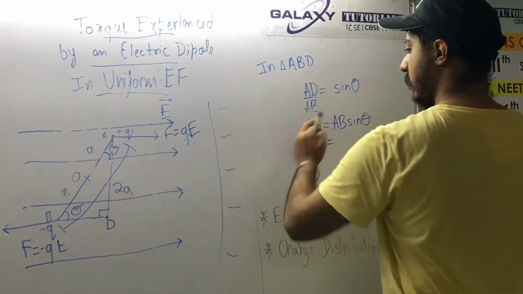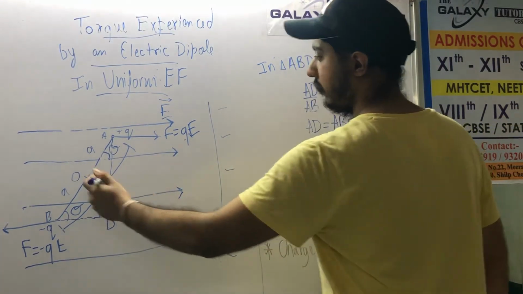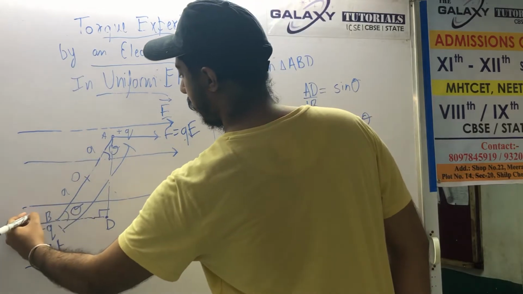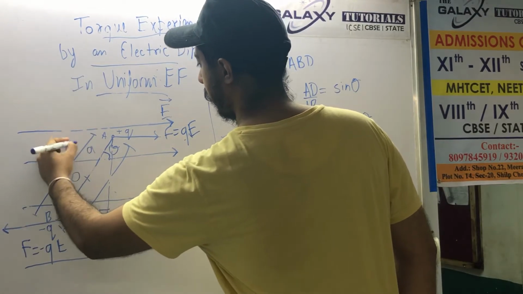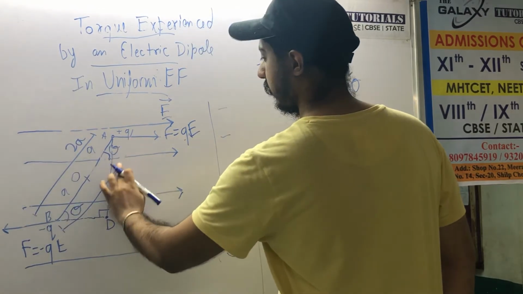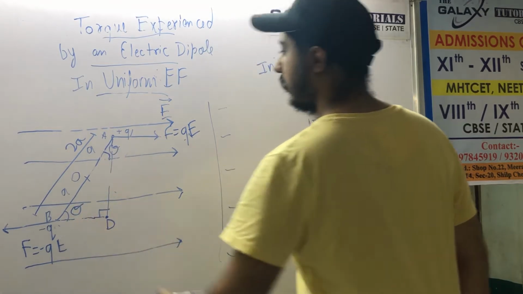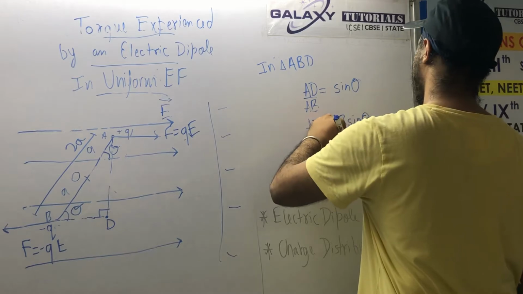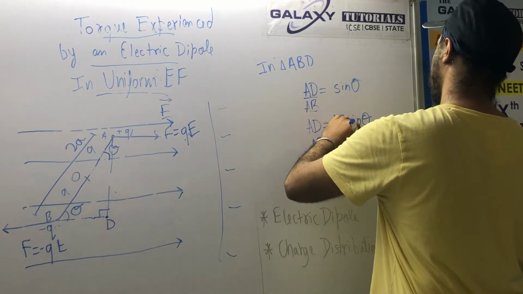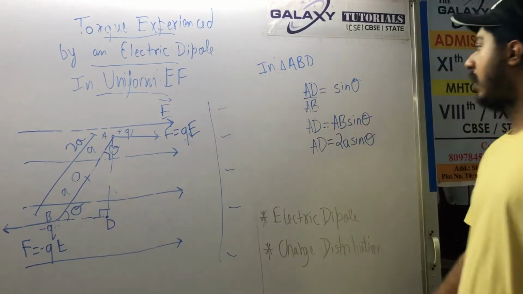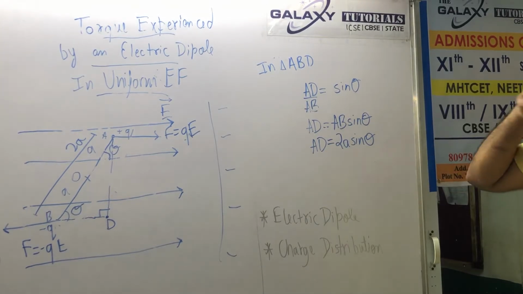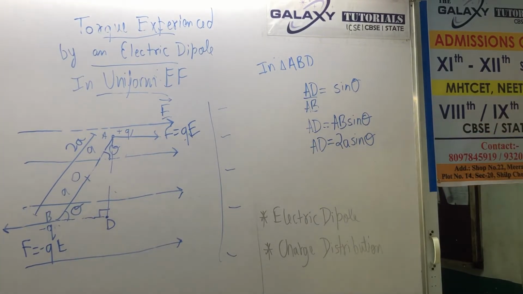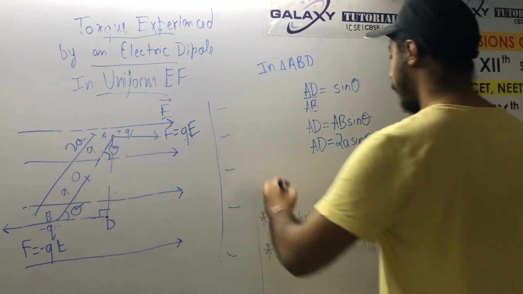So don't get confused. Total distance is 2A. It will be 2A sin theta. Now you know the value of AD, you know the magnitude of force QE, so you can find out the torque.